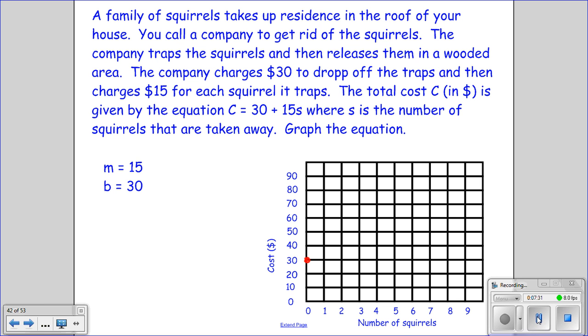It's going by 1s on the x-axis, but by 10s on the y-axis. So we're going to go up 15 to the right 1, up 15 to the right 1, and so on. We can draw our ray through that. Notice that is a ray. We're not going to draw a line because we don't have negative money or negative number of squirrels.